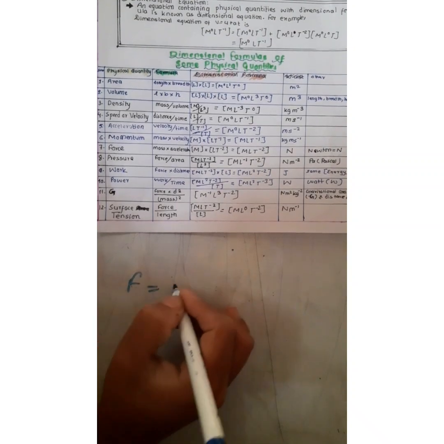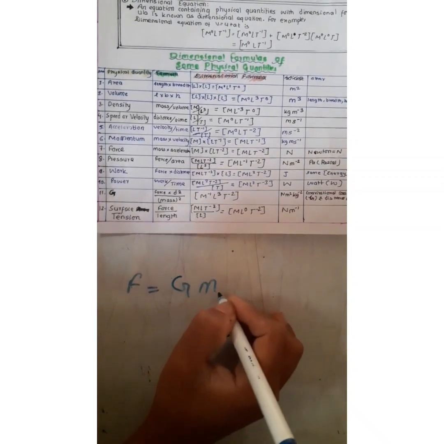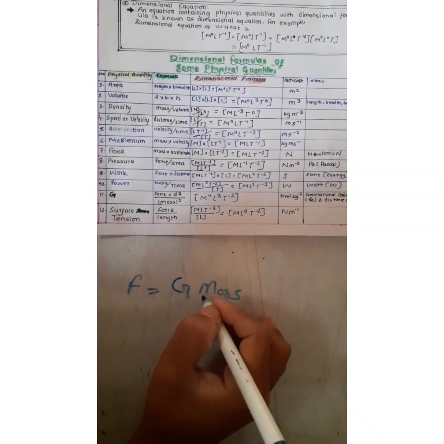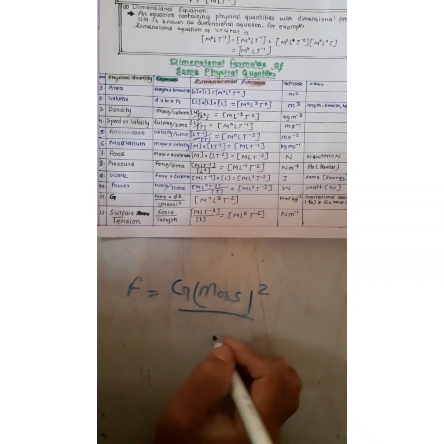Okay, and G, what do you mean by G? G means the gravitational constant. I hope that students, you have read it in class 10 also. Universal gravitational constant, G. It means force into distance square upon mass square. Okay, I want to derive for you that F, the gravitational force, is G times the masses product upon d square.